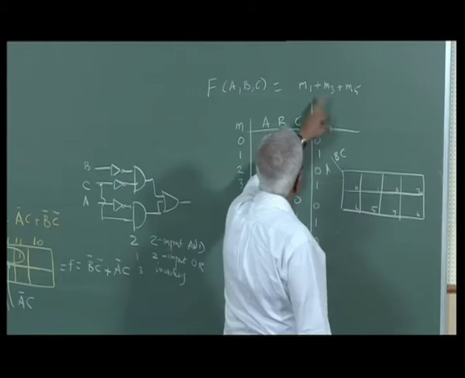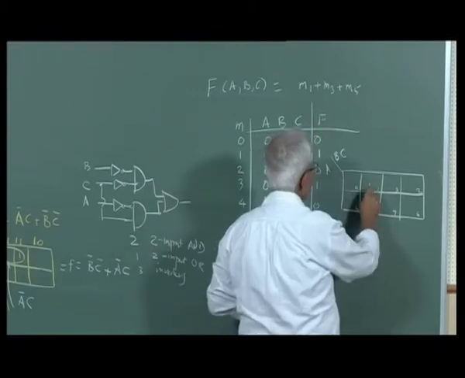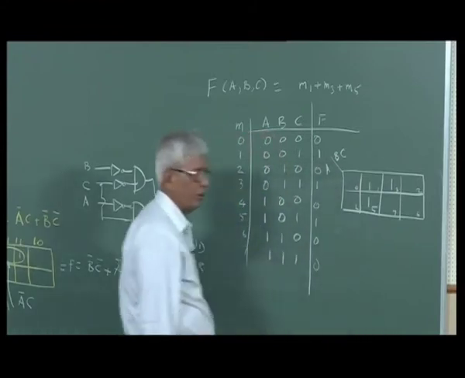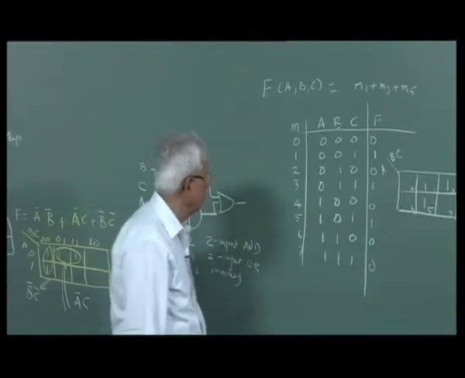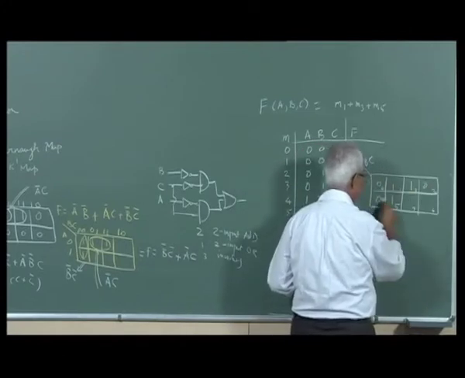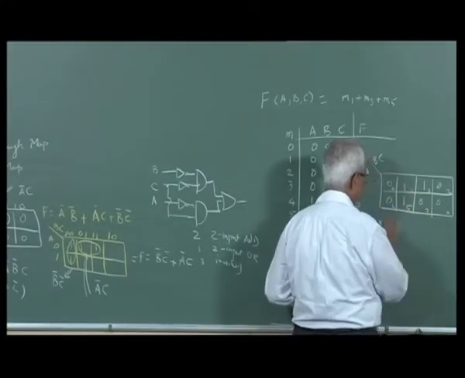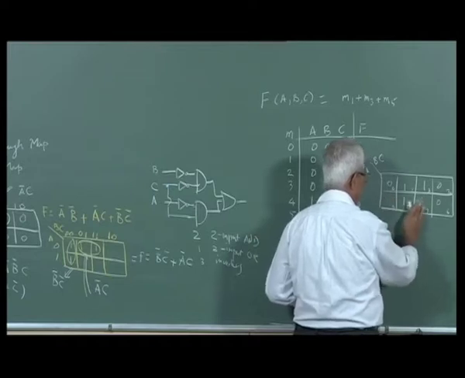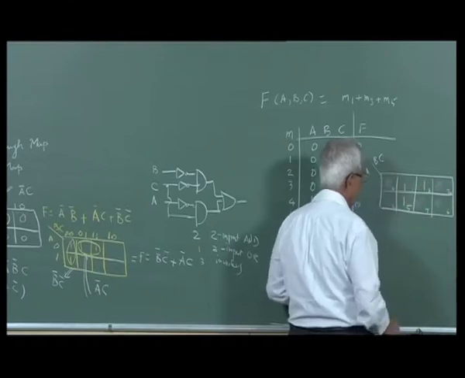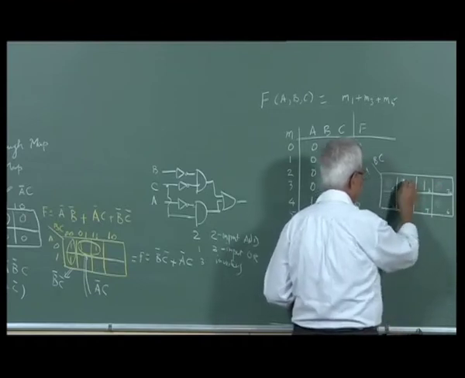Now 1, 3, 5. These are ones. The rest of them are zeros. Zero you don't have to write. I am just showing it to you, but don't clutter the map like this. This is enough. Now how do you simplify it?